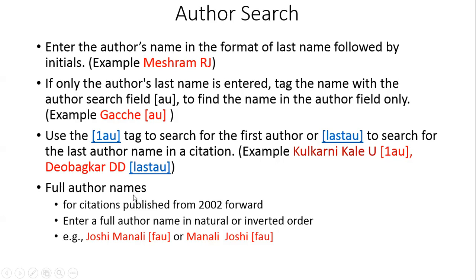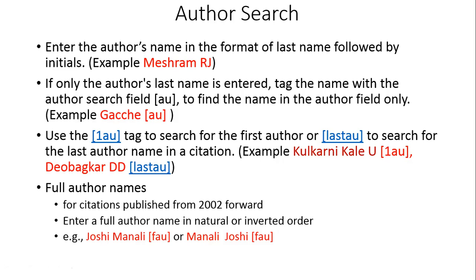It is also possible, after 2002, to search PubMed by a full author name. For example, if you want to search how many articles are published by researcher Manali Joshi, you can put the tag FAU.